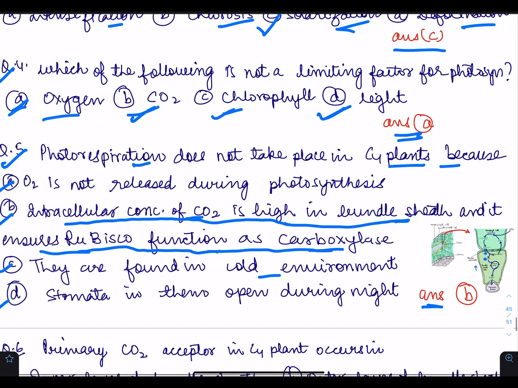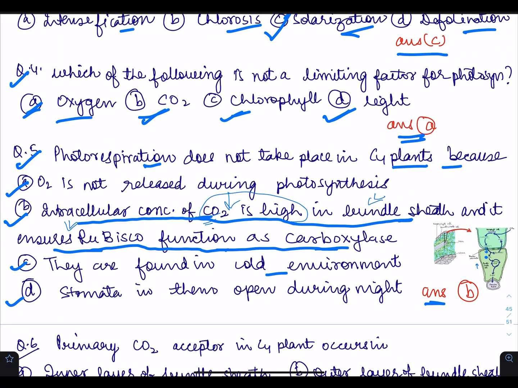This is what this statement says. They pump carbon dioxide to bundle sheath cells, so its concentration is always high there, and hence Rubisco can function better. So this is the actual answer. That is why photorespiration will not take place. They will utilize carbon dioxide like this.